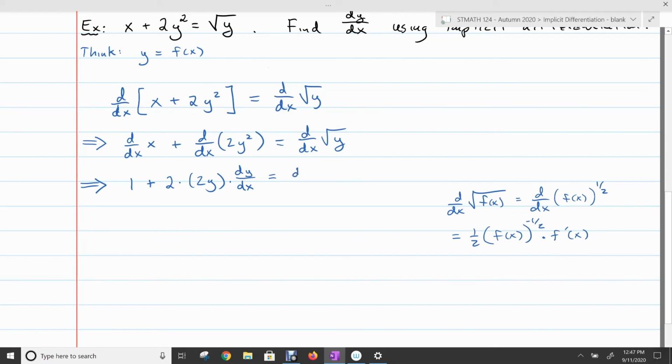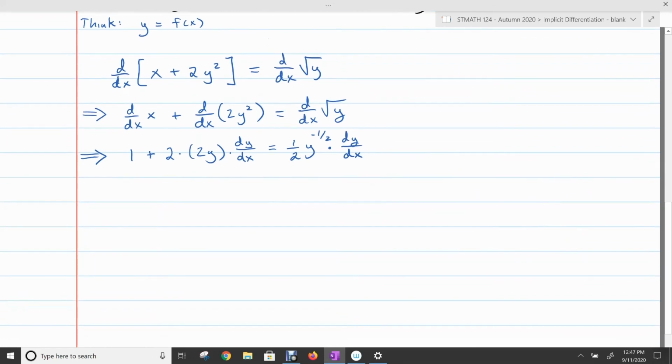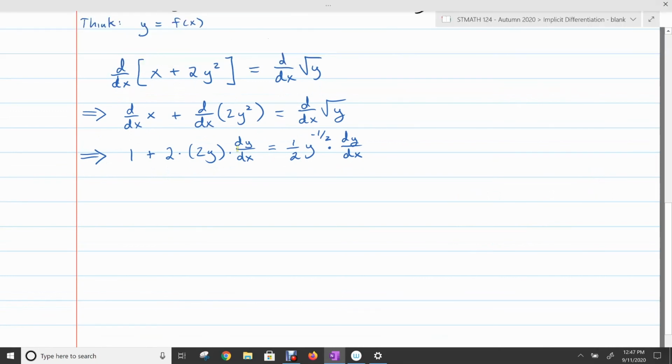So up here I would bring the 1/2 down, then I'd get y to the negative 1/2. Then I've got to multiply times the derivative of the inside function, which was y. So I multiply times dy dx. So implicit differentiation is really just thinking of something as a function and using the chain rule. So it's really just a special case of using the chain rule. Now, in this equation, I've got a couple of dy dx terms, and my job now is to algebraically solve for it.